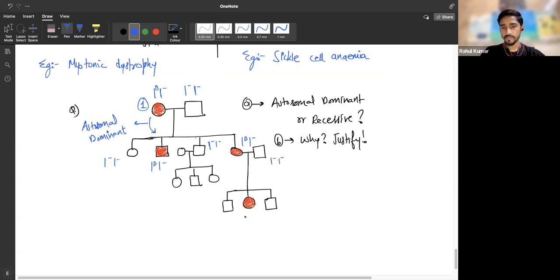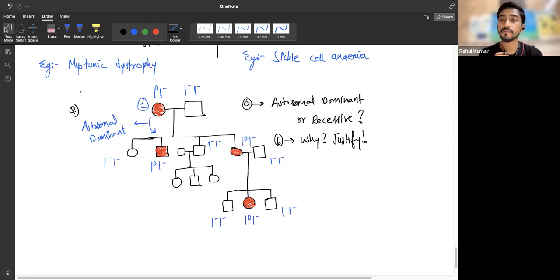This one received the diseased gene from the mother and normal from father and got diseased. These two received normal from both parents and got nothing, right? Do you understand why? First, because it's happening in the next generation with a normal father who cannot be a carrier.